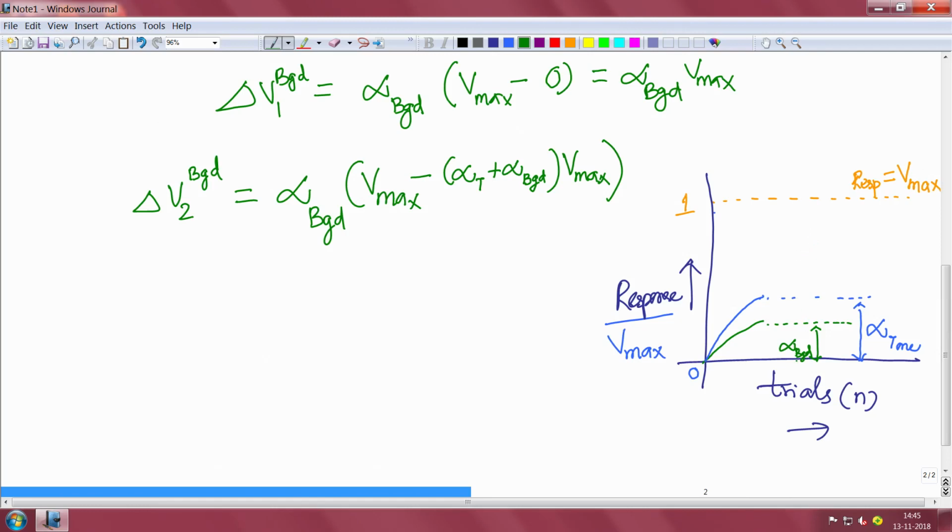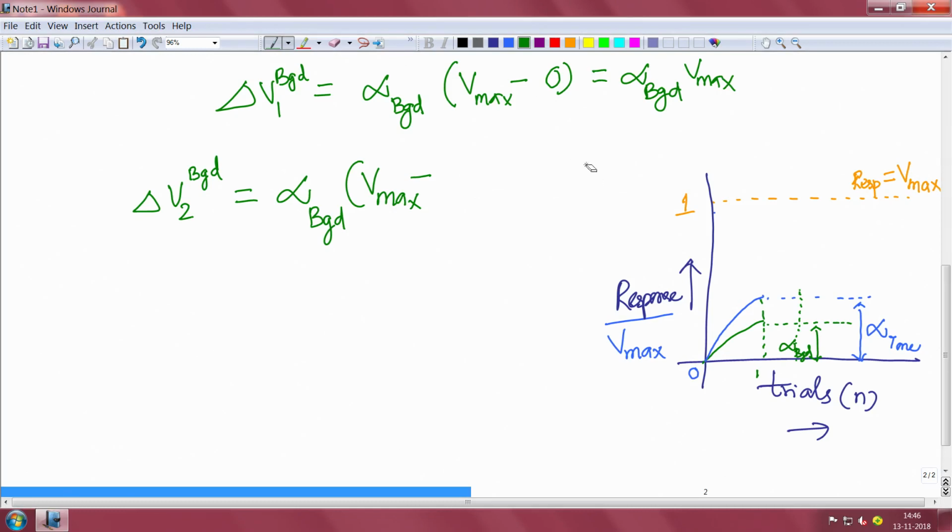So, let us see here. At the second instance, this is number 1, the animal is going to look at the fact that for the background I am already responding by this much. Since there is no tone, it is not a compound stimulus, it is just a pure one, so I need to rewrite this.